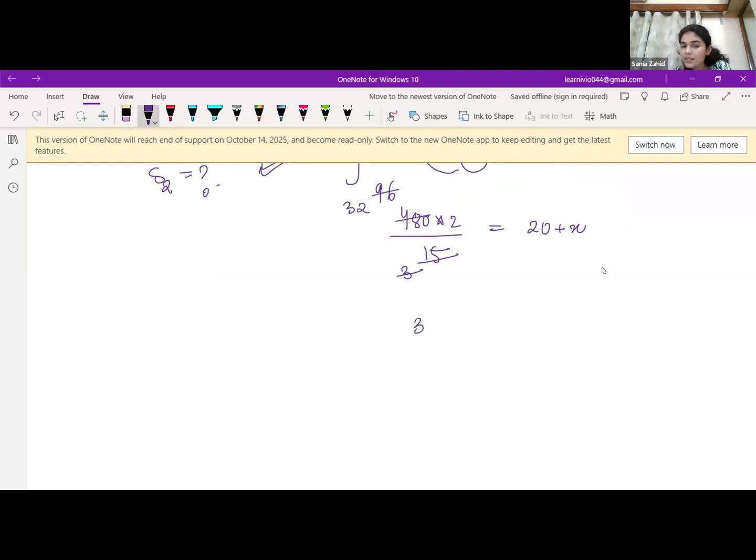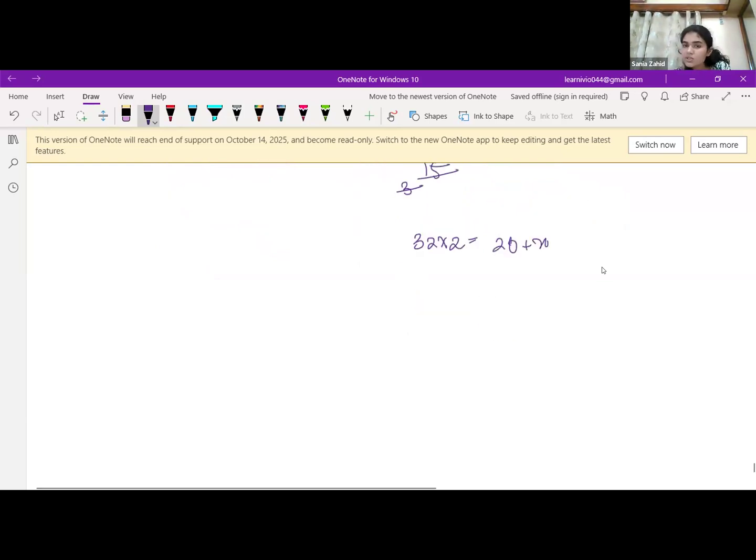So your answer is 32 into 2 is equal to 20 plus x. 32 into 2 becomes 64. 20 goes over here and is subtracted. So the answer is 44 meter is equal to x. Okay. X value is 44 meters. Got it, children? Yes, ma'am. Yes, that's how you can do this question.